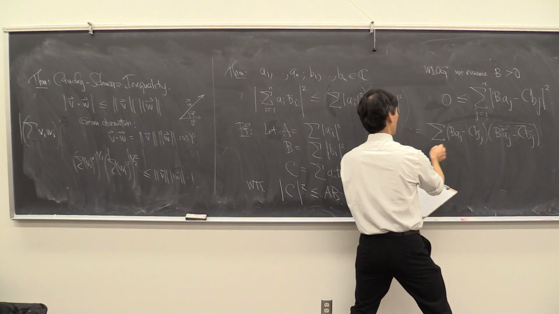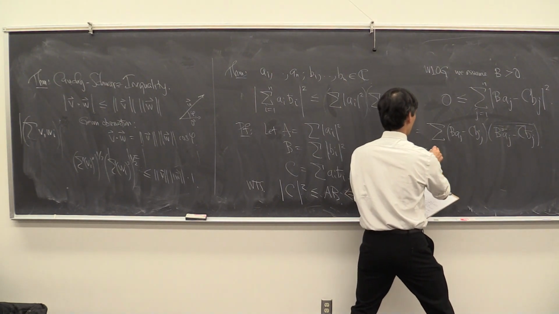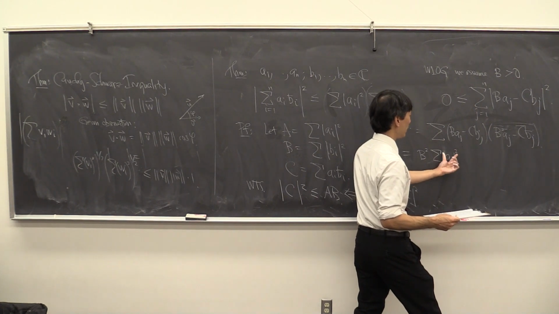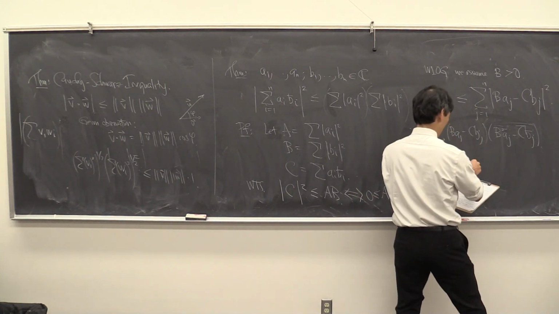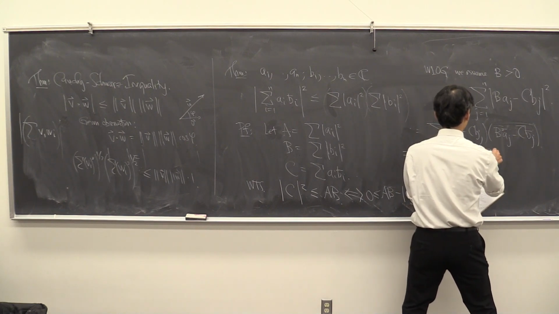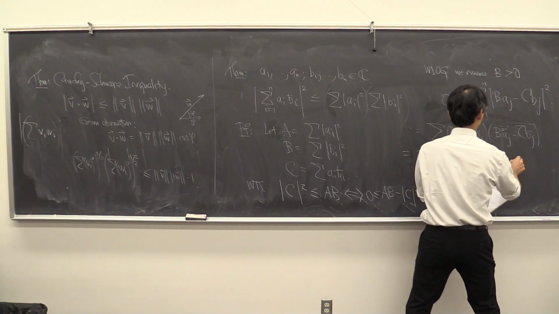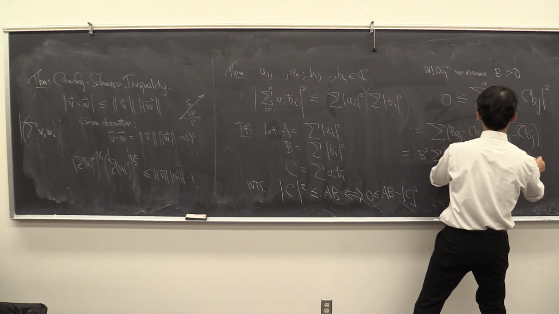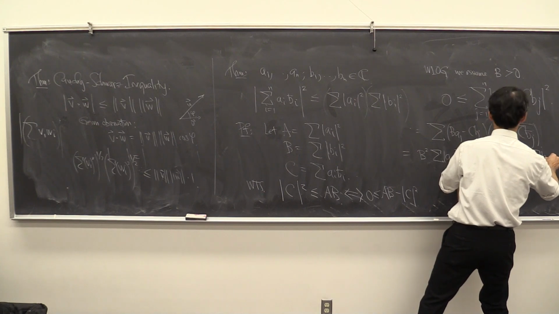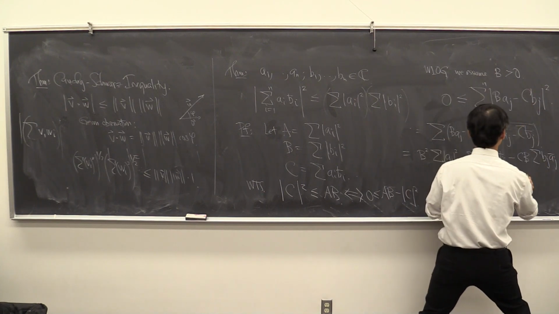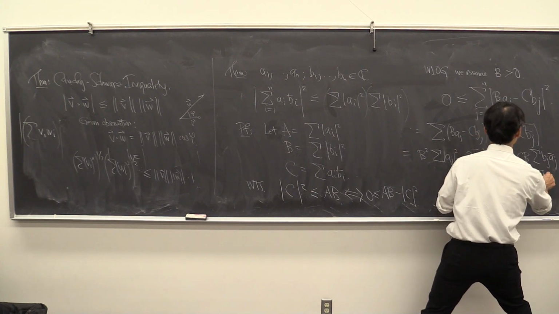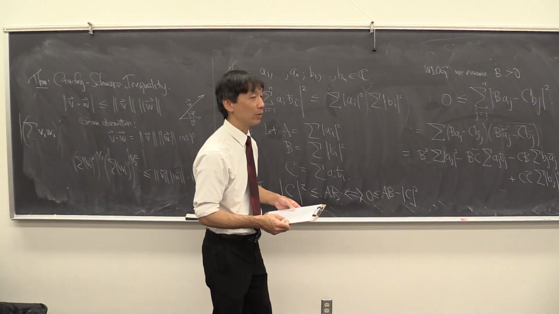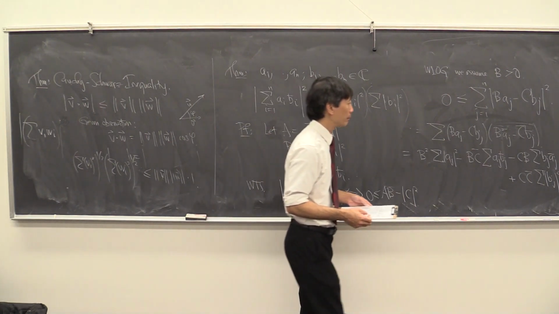This is going to be B squared times the summation of absolute value of AJ squared, minus B times C bar times the summation of AJ BJ conjugate, minus C bar times C times B times the summation of BJ AJ, and then plus C times C bar times the summation of absolute value of BJ squared.